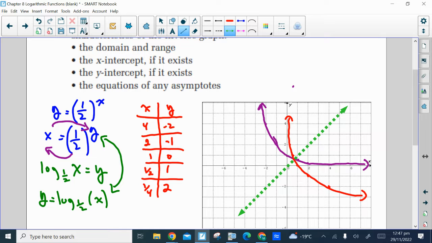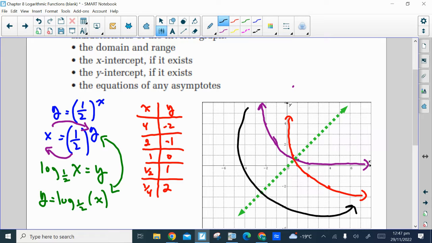Not real easy to see that, but they are. What would happen is that this piece up here would reflect to that piece there. And these two pieces reflect over the line y equals x.